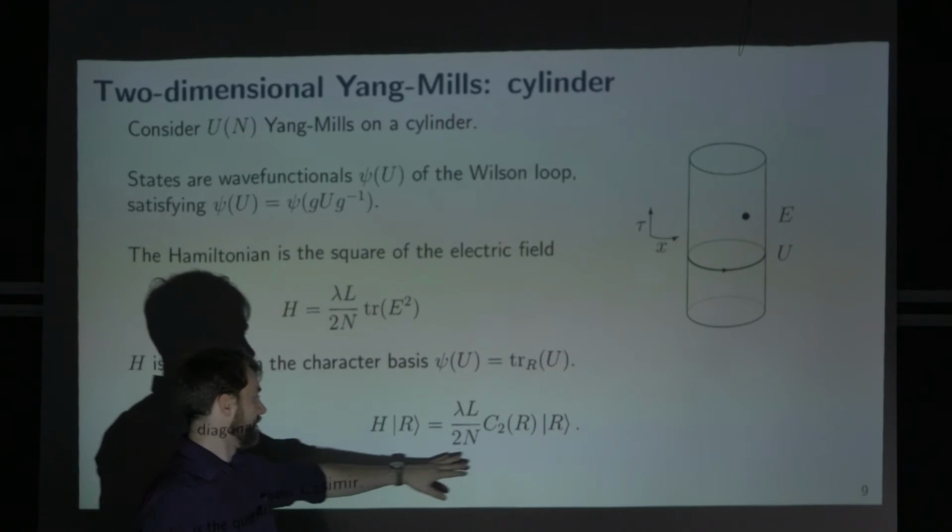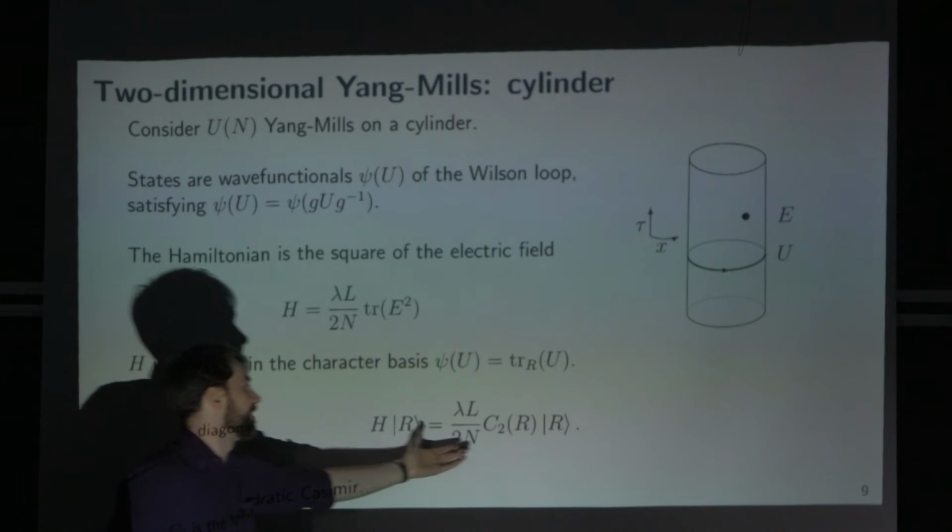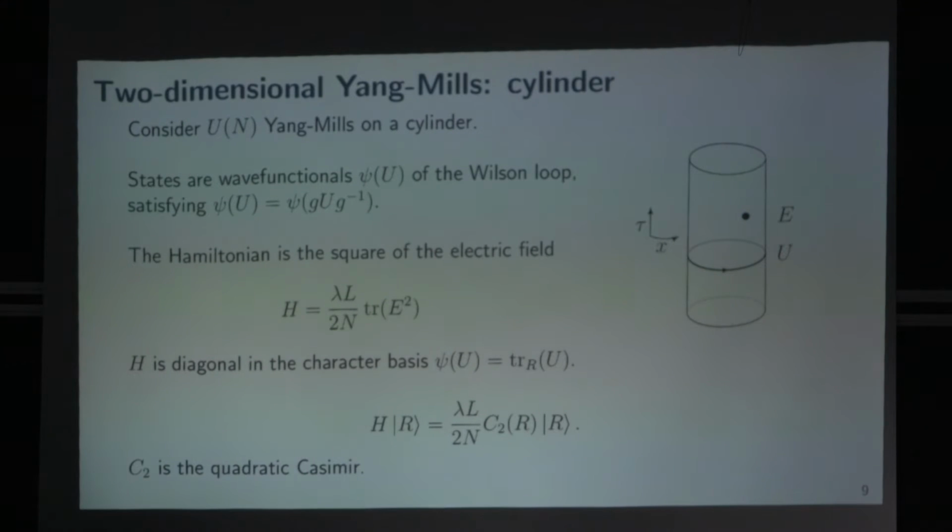And the eigenvalues of the Hamiltonian are the quadratic Casimirs of those representations. Okay. So simple enough, and this R basis is extremely useful for doing calculations because obviously it diagonalizes the Hamiltonian. Okay. So that describes evolution along a cylinder.